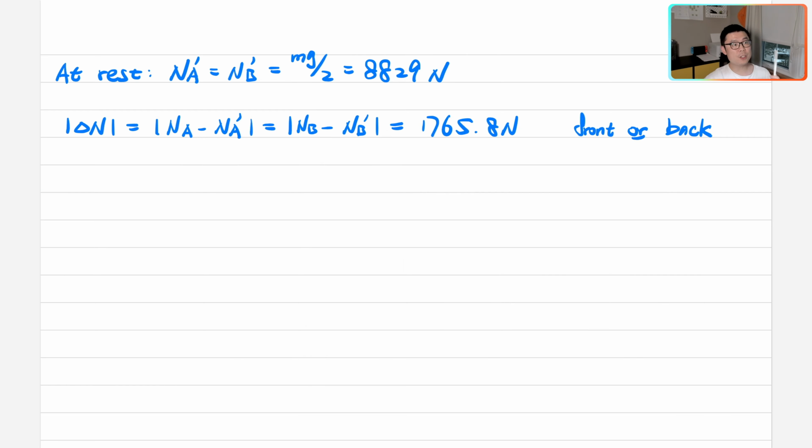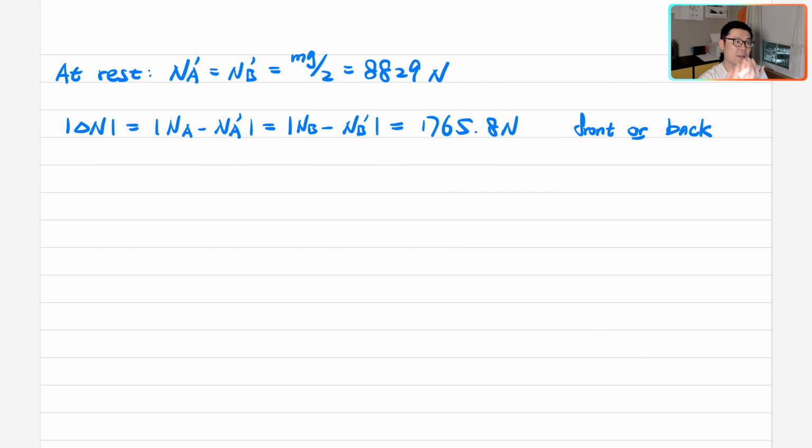Now for each spring, remember, you have a set of springs or two springs for the rear and two springs for the front. Remember, it's a real car, not a cartoon car. You have 4 wheels, 2 wheels at back and 2 wheels at front. That means for each spring, what is the force on each spring? This is for the front set and back set.